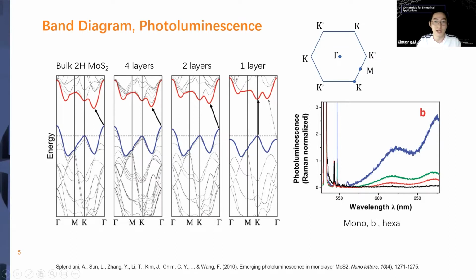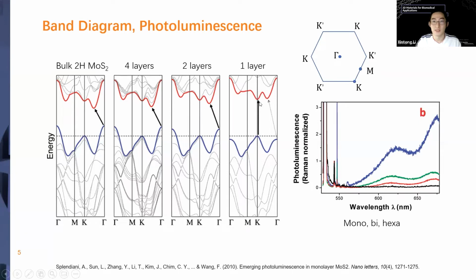This band diagram really affects the electronic and especially the optical properties of a material. This is just one example, where we show the photoluminescence, or PL, spectra of this 2H MoS2 for monolayer, bilayer, hexalayer, and bulk.